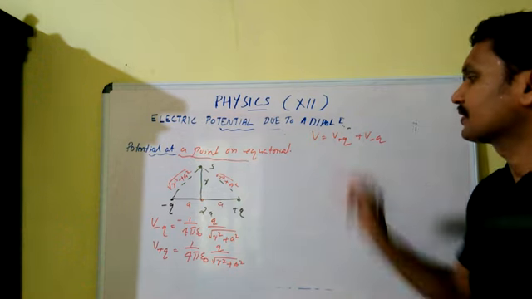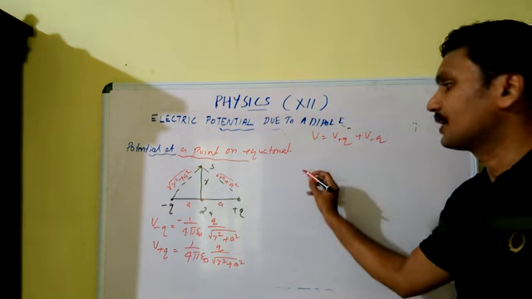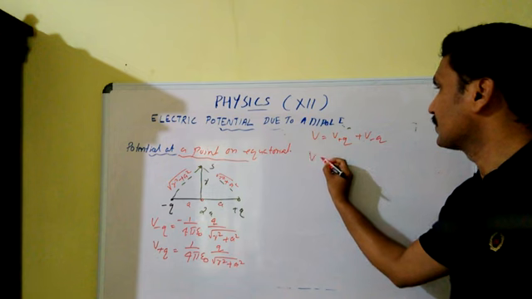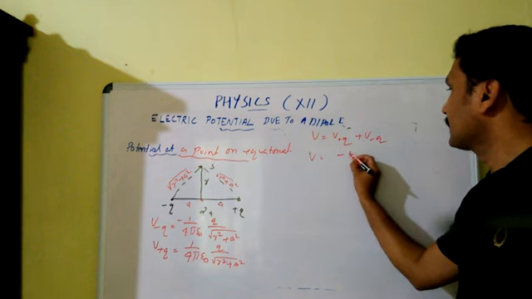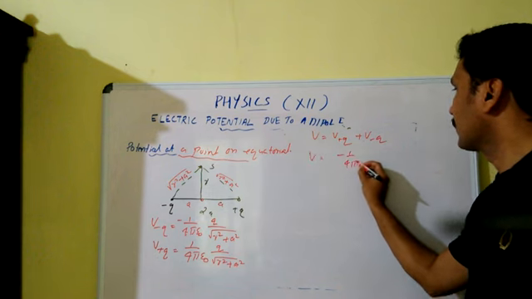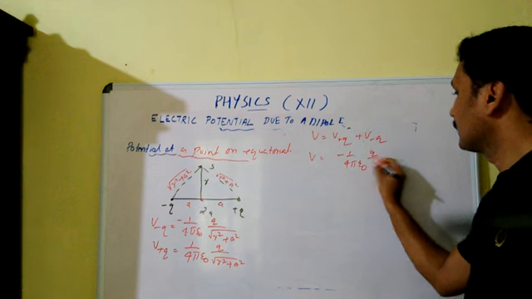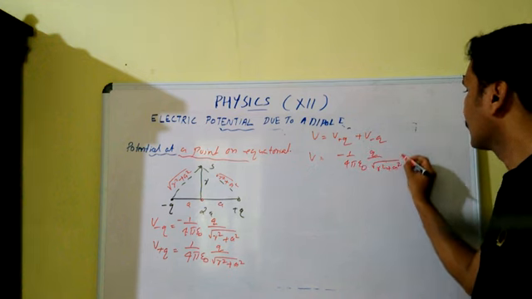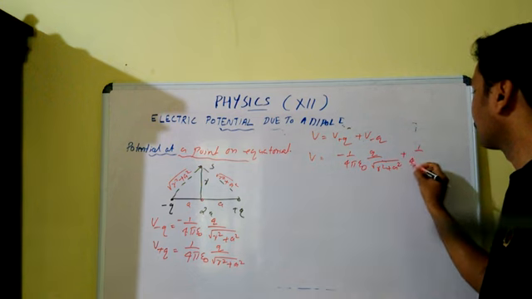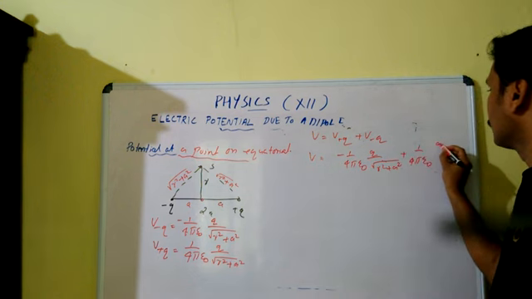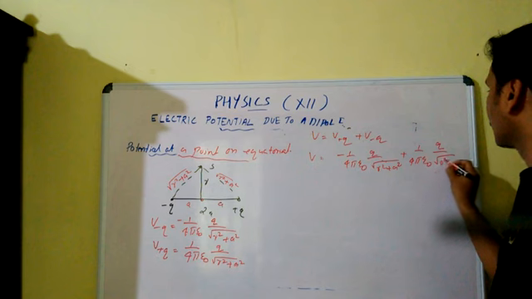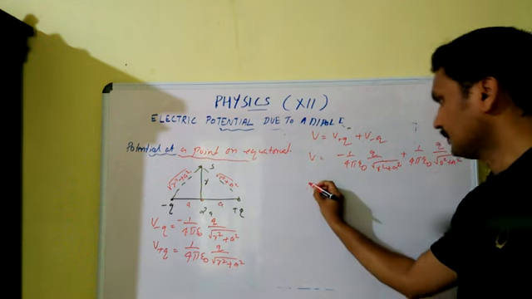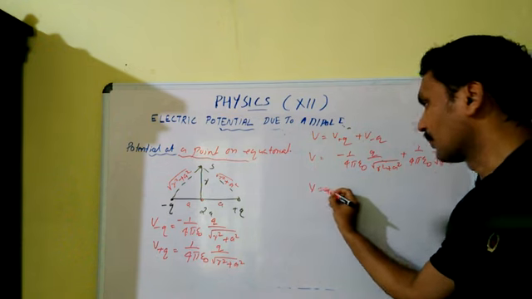When you are adding these two quantities, we are getting 0, because V is equal to minus 1 by 4 pi epsilon 0 Q by root of R square plus A square, plus 1 by 4 pi epsilon 0 Q by root of R square plus A square. So we are getting 0.